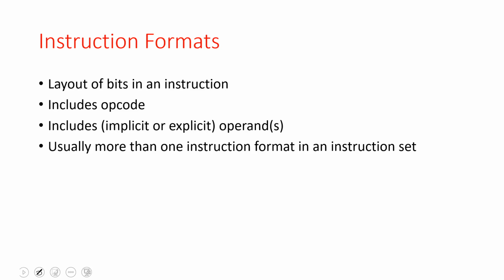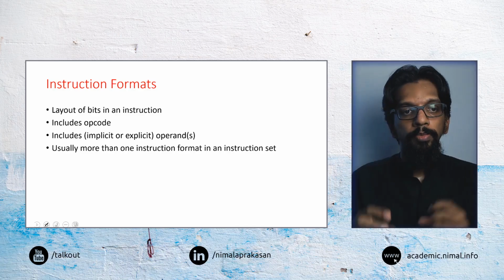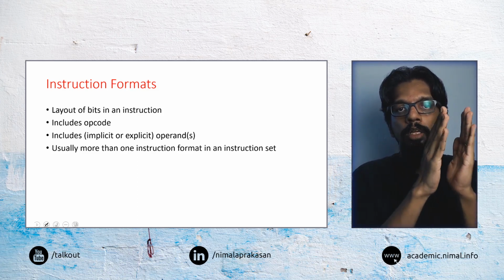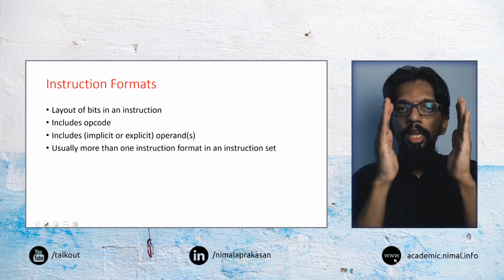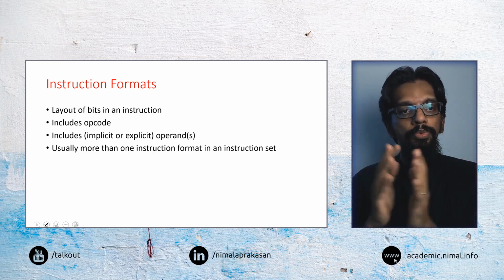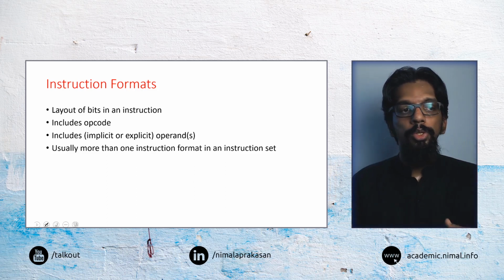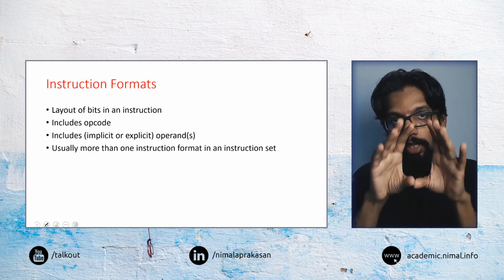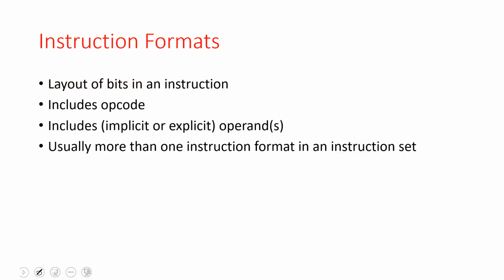So what we can have is a length of instruction, and each of those bits can be separated and used for different things. That is what we would identify as the format of the instruction.